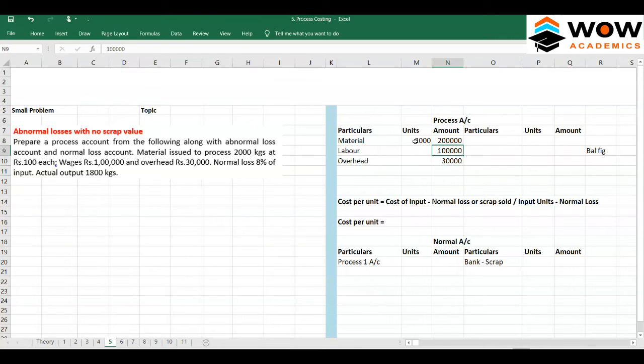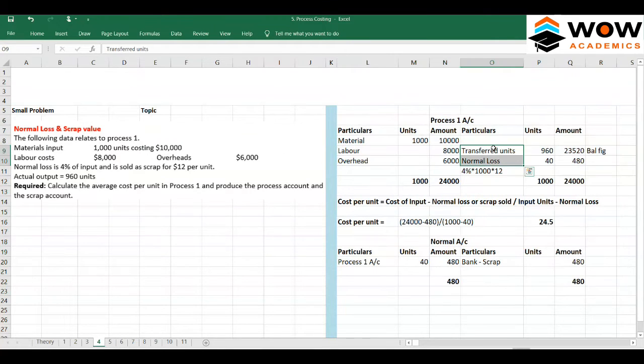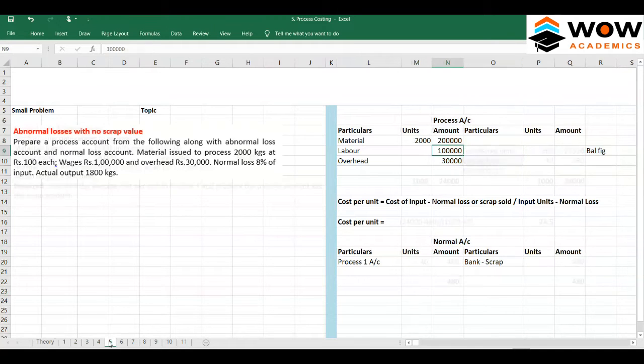Okay, so I think we have to copy the transferred units at least. So the actual output seems to be 1800, so that they are clear about that. Normal loss we have to calculate. So normal loss is 8% of 2000. Okay, that comes to 160.